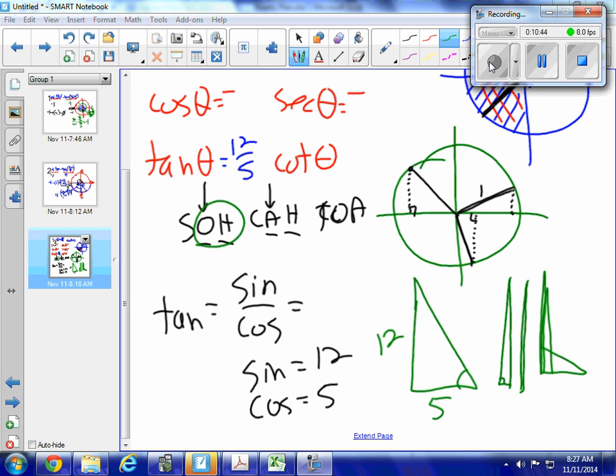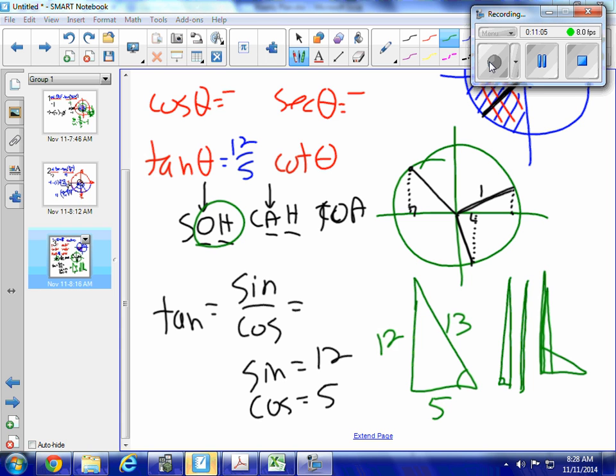So when I see a tangent of 12 over 5, it's still sine over cosine, right? But I have to figure out what is sine and what is cosine, and then I can make a little triangle. A 5, 12, and I know that the hypotenuse of a 5, 12 is going to be 13. It's a 5, 12, 13 triangle.